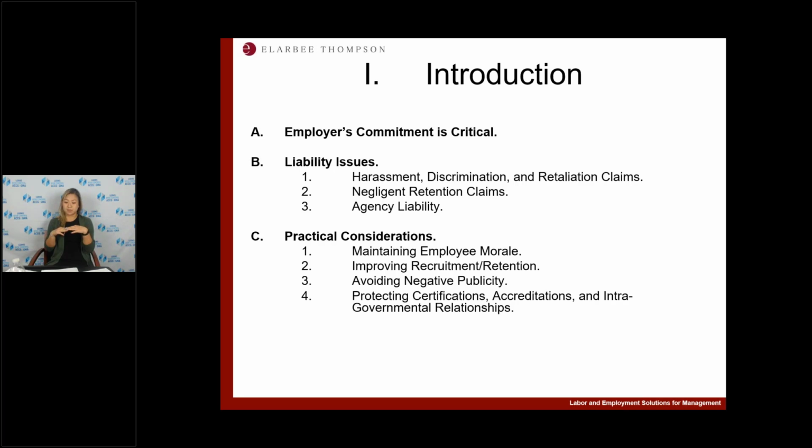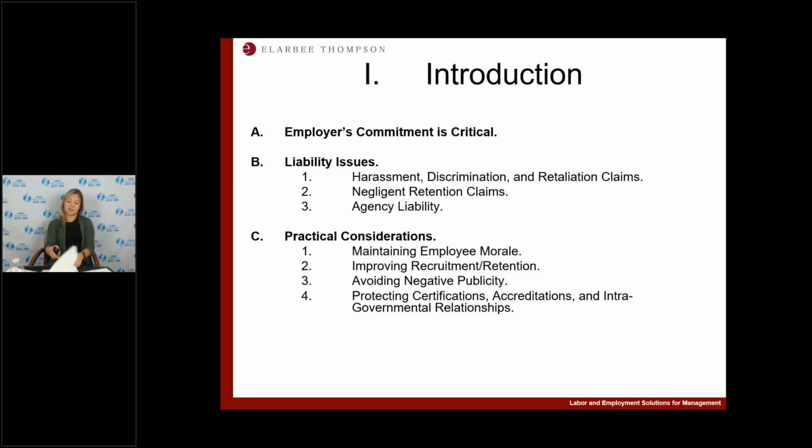The reason for that is that going into an investigation, you obviously need to be concerned about civil liability on the employer's part. And the major liability issues there have to do with harassment, discrimination, and retaliation claims.